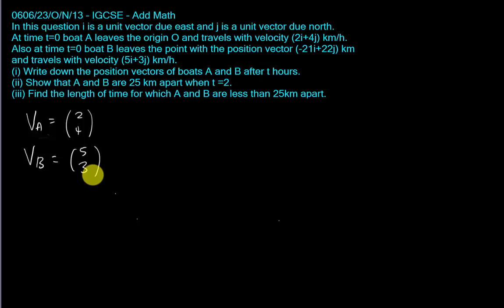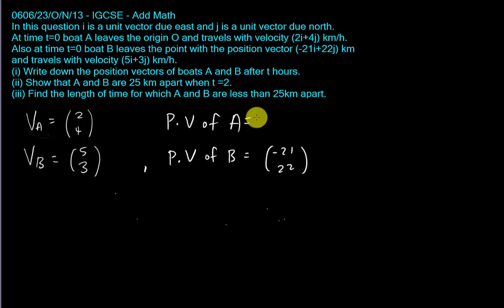Alright, at the same time, I also know the position vector of boat B is given, negative 21i plus 22j. And I also know the position vector of boat A, because the question says leave the origin, so the position vector is 0, 0.